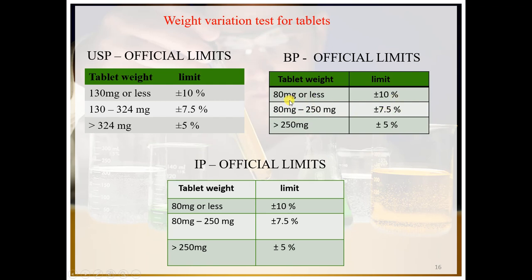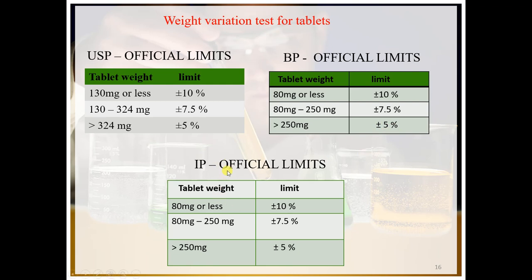You can see the weight compared to 250 milligram, so you will definitely see a little deviation in the limits because they depend upon the weight of the tablet. In the third case, if the weight of the tablet is greater than 250 milligram, then less deviation is possible, that is plus minus 5%. The tablet shouldn't deviate from 5%.